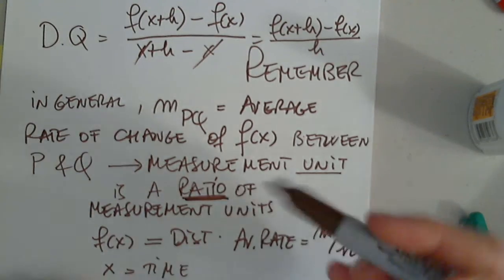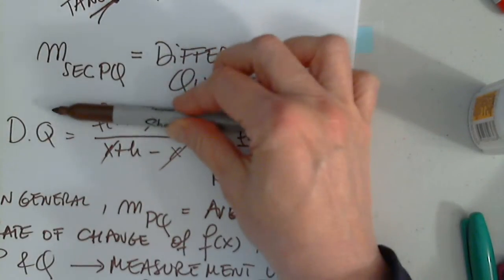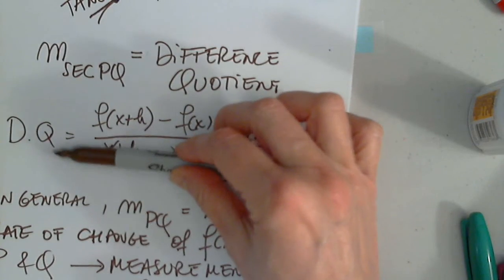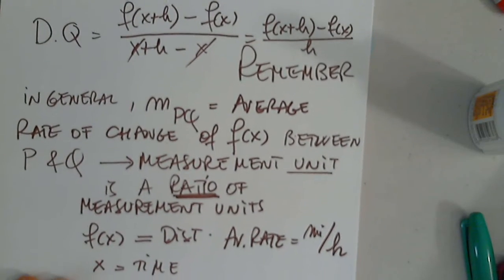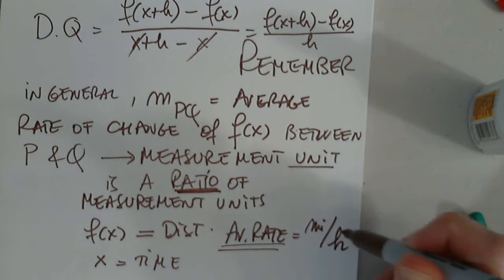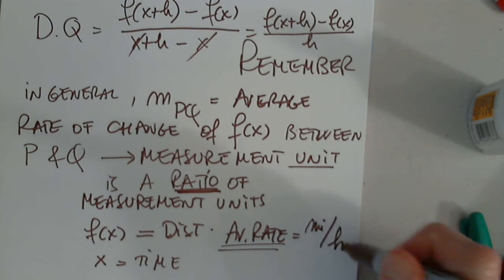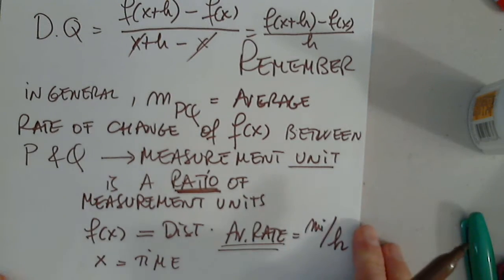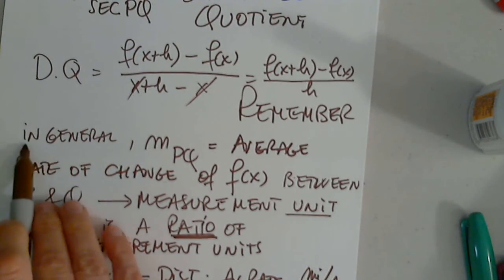The measurement unit of the function over the measurement unit of the x variable. So if the function is distance, let's say in miles, and the x is time in hours, the average rate of change has a measurement unit that is a ratio. Okay, so this is in general.